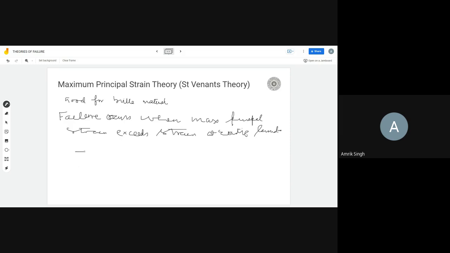So again, if we draw a stress element, and this is y, and this is sigma x, sigma y, and sigma z.